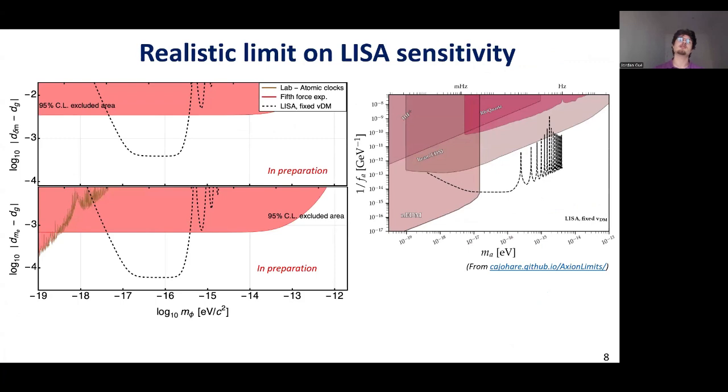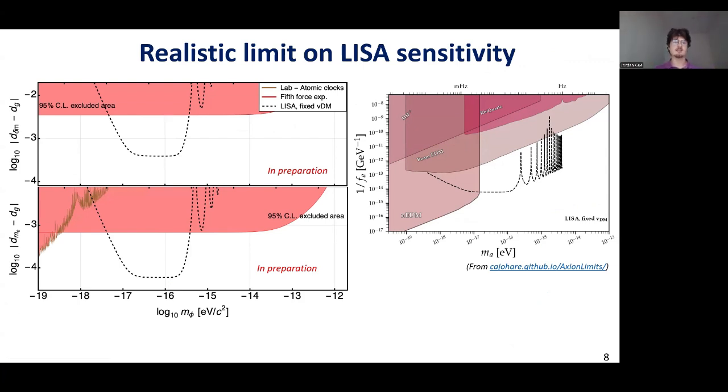So now let's look at the limit, the constraint that LISA could put on the various dark matter couplings. On the left, it's the several dilaton couplings as a function of the mass of the dilaton, and on the right, it's the axion-gluon coupling as a function of the axion mass. And in red, it's the region of the parameter space that is already constrained by laboratory experiments.